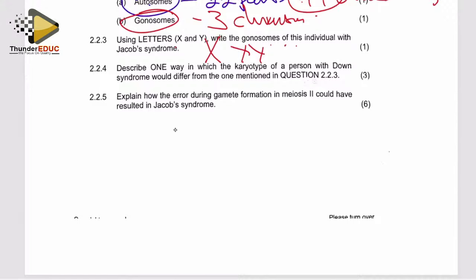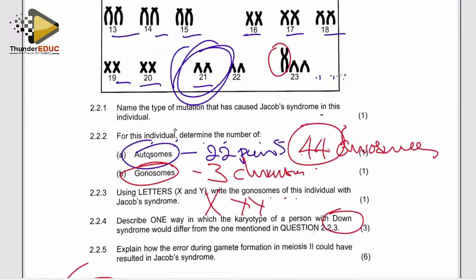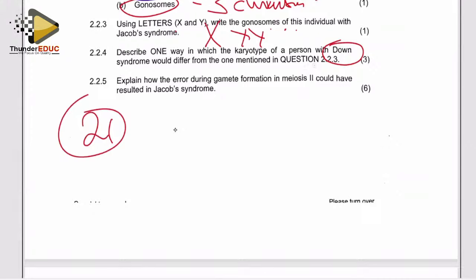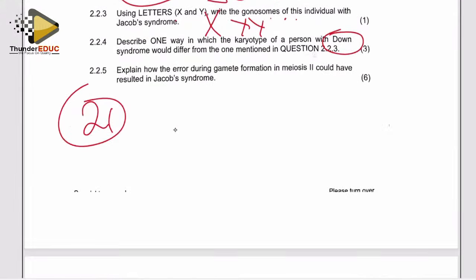Remember, in Down syndrome, the trisomy happens on chromosome number 21, like the 3 chromosomes appear on chromosome number 21, while this one appeared on chromosome number 23. You understand? So trisomy 21, Down syndrome, occurs in the autosomes, which are the non-sex chromosomes, while this one occurs in the sex chromosomes, which we call the gonosomes. So I think that's it.